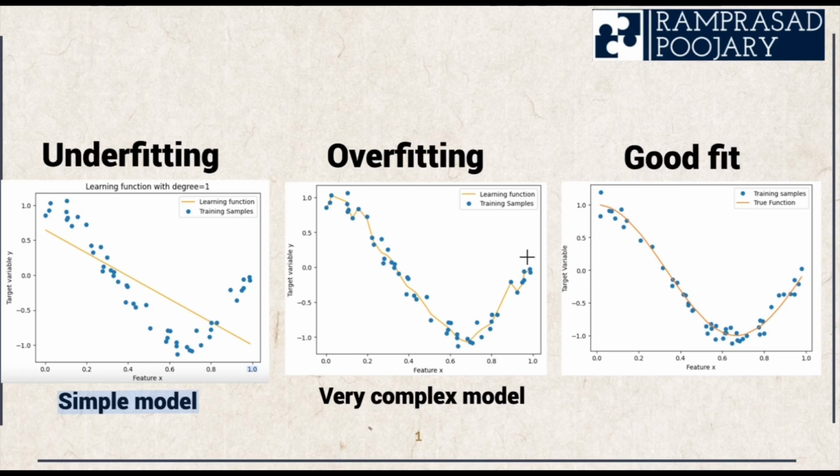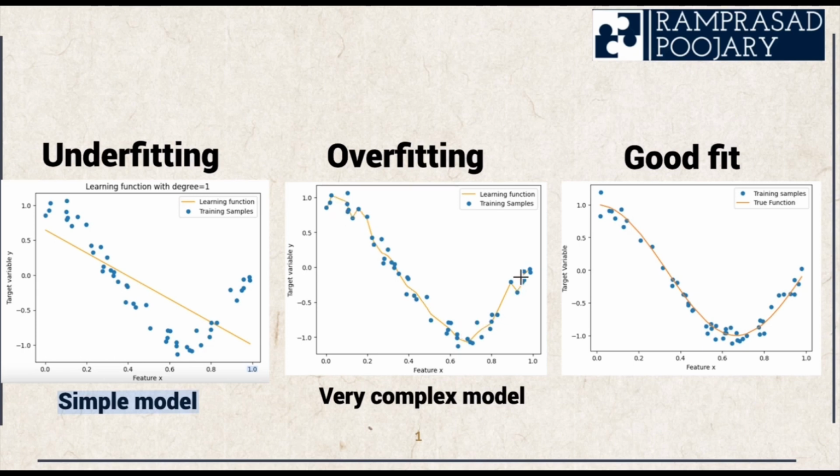Now from this discussion we understand that when we design a model, the model should not be so simple that it doesn't fit the training data itself, and it should not be so complex that it also picks up the noise in the data.